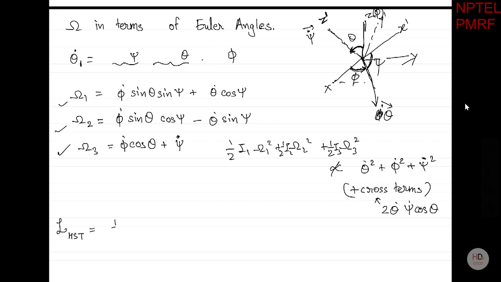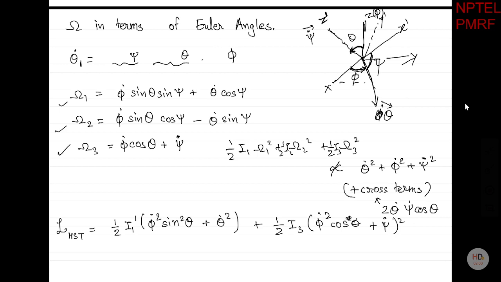That was half I1 prime times phi dot square sin square theta plus theta dot square, plus half I3 times phi dot cos theta plus psi dot, whole square. So there won't be a square here, and minus mu g l cos theta.